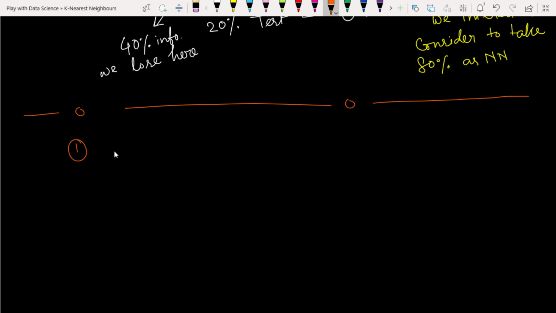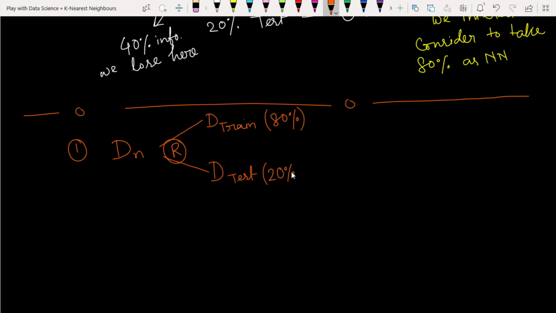First we have our whole data. We partition it randomly. This partition is called the train data, and this partition is called the test data. We take 80% of the whole data as train data, and 20% of the whole data as test data.